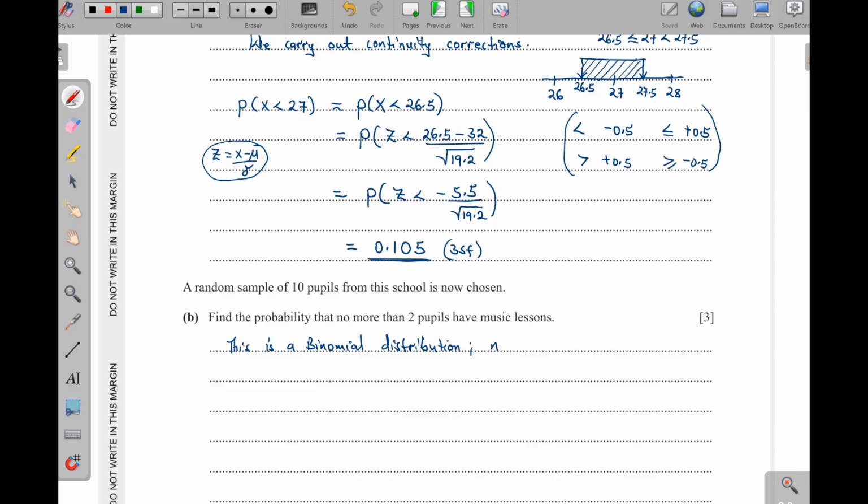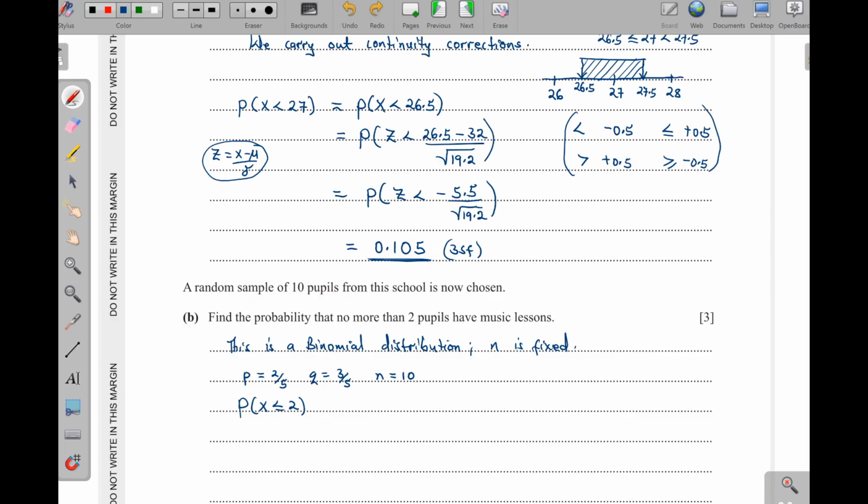Because n is fixed, and the outcomes are independent of each other. We have the success and then the failure. So our P, remember, is 2 out of 5, our Q is 3 out of 5, and our n is given as 10. So we want probability of X less than or equal to 2, because they said no more than 2. So that is less than or equal.